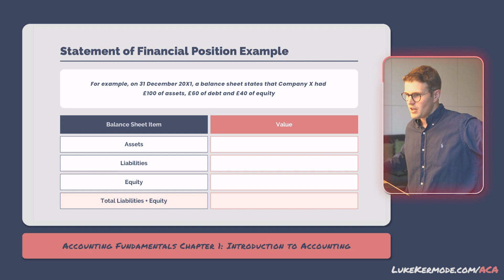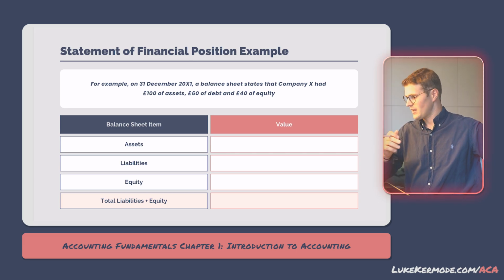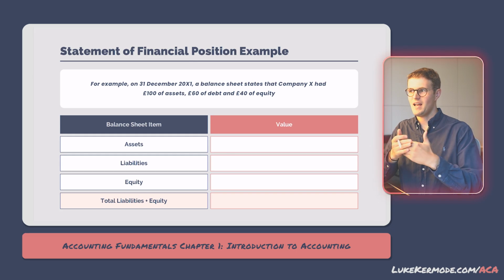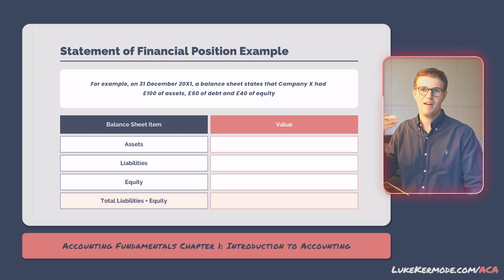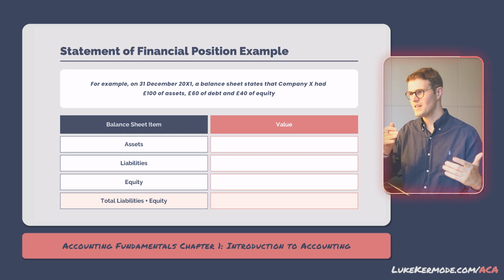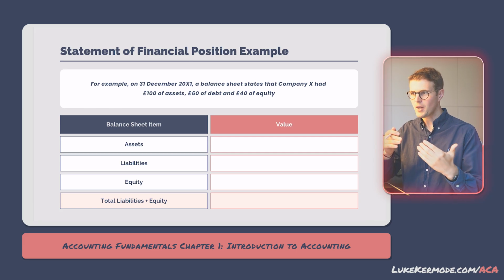So let's look at a very simple example to show how a balance sheet works. Imagine that on 31st of December 20x1, Company X prepares its balance sheet. The company reports that it has £100 worth of assets, things like cash, inventory or equipment. It also owes £60 of liabilities, for example, loans or unpaid bills to suppliers.